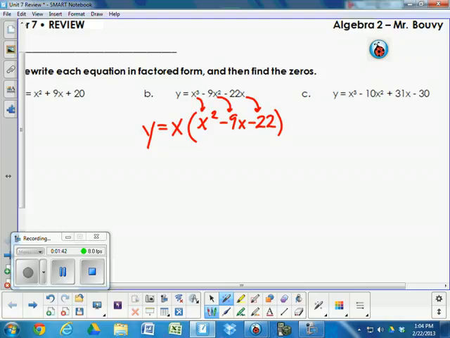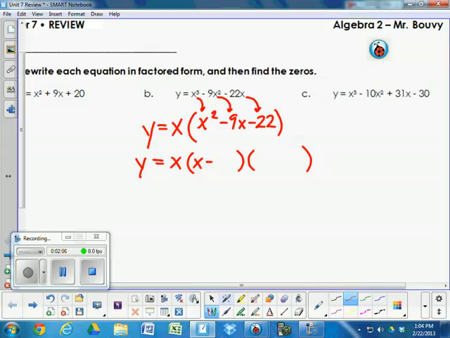Now that we're here, you can kind of just leave this little x by itself while you try to factor this the way we've done in the past. And I can't remember ever using 22 and 9 in my life as an example. But does anybody know the two factors of 22 that differ by 9? 11 and 2.